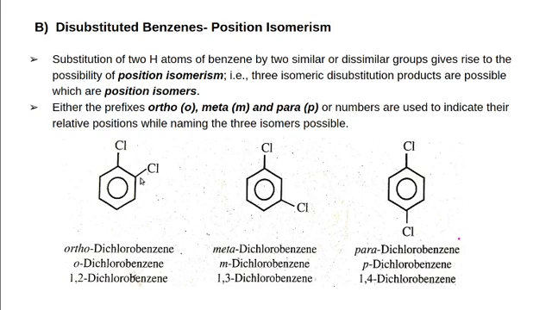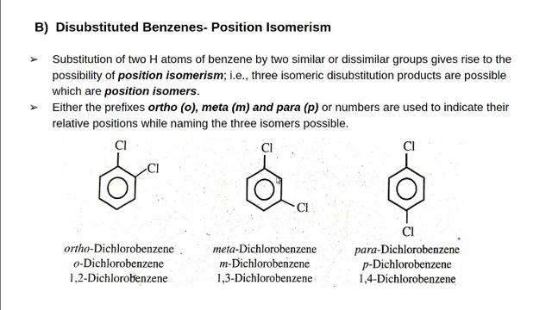So we can name it as 1,2-dichlorobenzene, or ortho. When the substituents are on the first and second positions, they are named ortho isomers. Ortho-dichlorobenzene or o-dichlorobenzene, where o is the abbreviation for ortho, and also 1,2-dichlorobenzene.